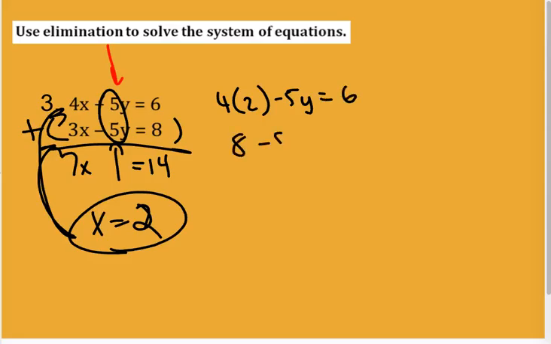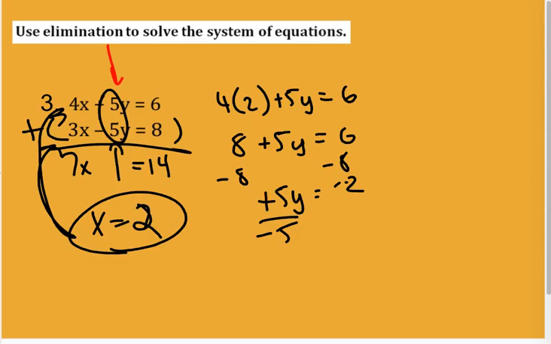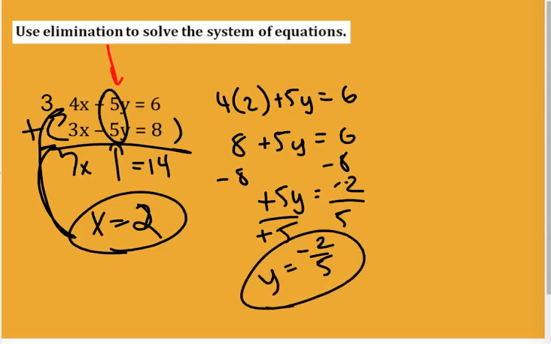And that's going to give me what y is. 4x plus 5y equals 6. Yep. So it's going to be -2/5. There's my answer.